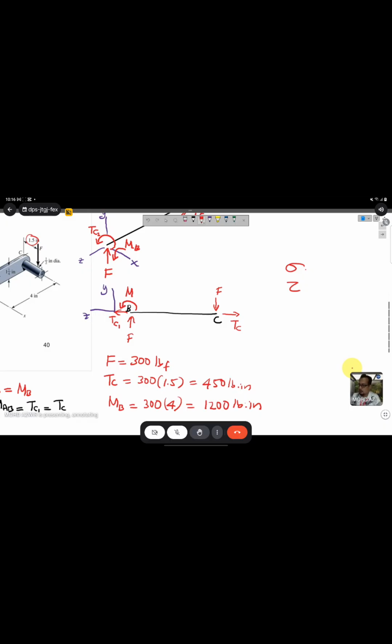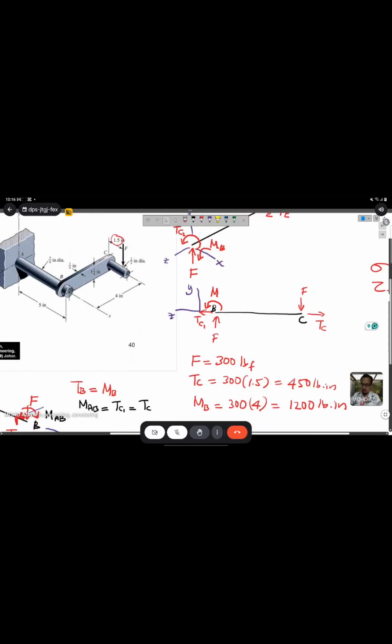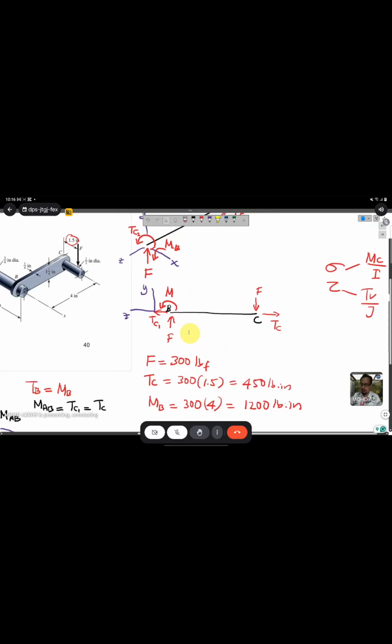You know that the bending formula is MC over I. Your shear will be TR over J. So if you look at this free body diagram, you cannot find where is the maximum moment unless you draw the shear diagram and bending moment diagram.